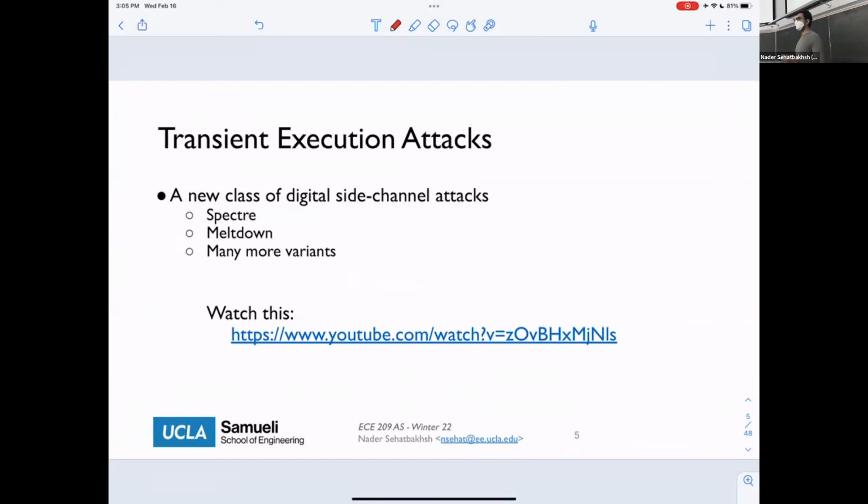So probably most of you have heard about Spectre and Meltdown and how they work. These go into the category of transient execution attacks. And this is also a very hot area of research these days because many people are working on new variants of this.